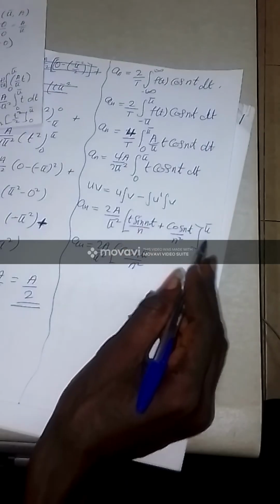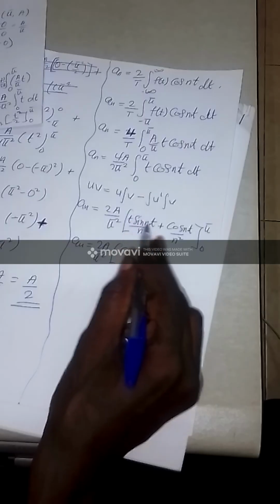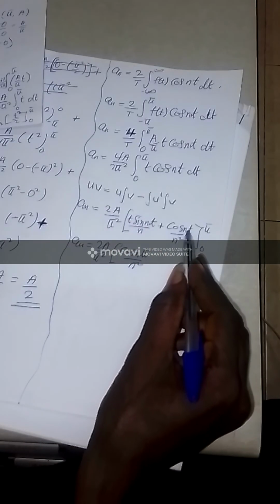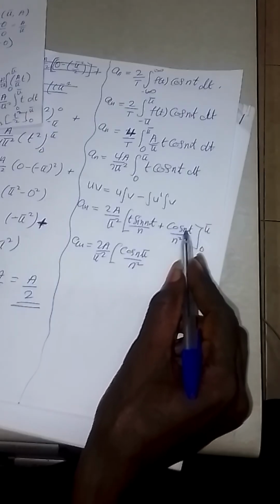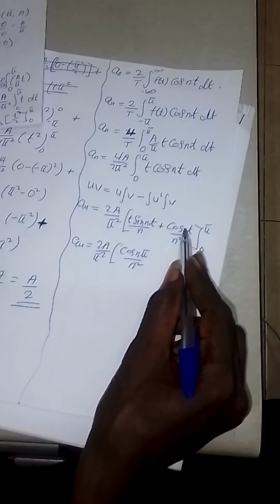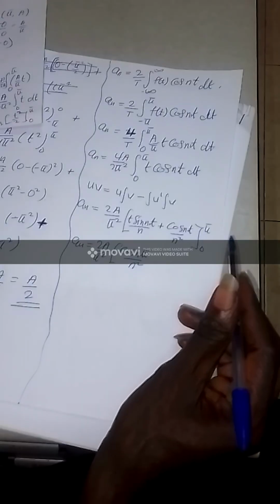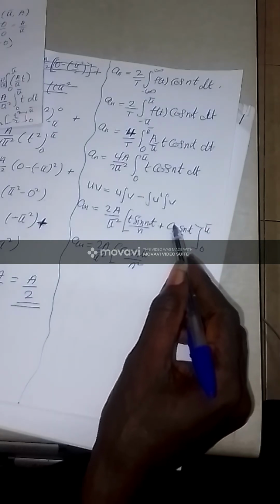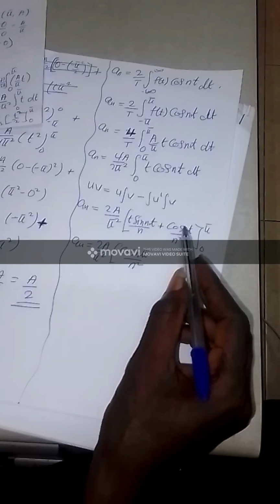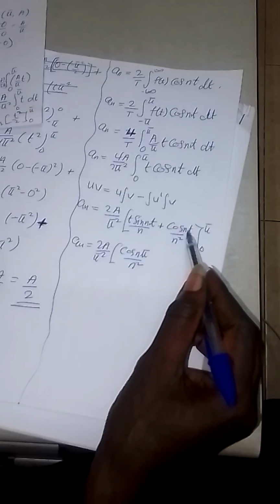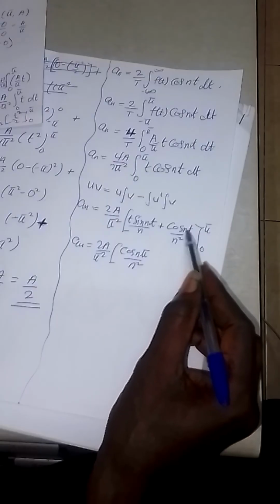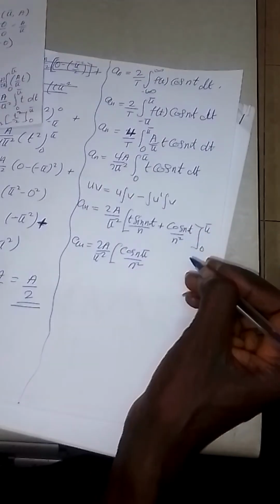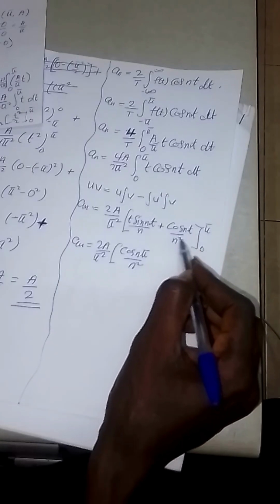Then I'll put in 0 here. If this t becomes 0, the whole thing becomes 0. Then I'll put 0 in cos nt. Cos 0 is 1. So if cos 0 becomes 1 here, I'll get 1 over n squared.